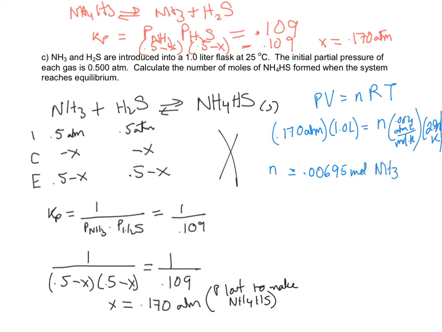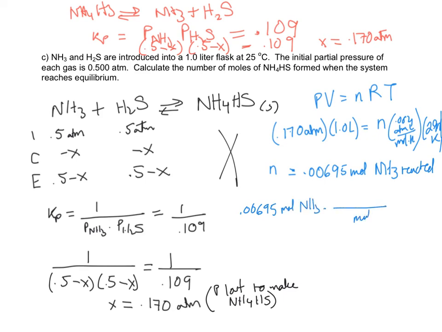And again, you could do this for either ammonia or for H2S, either one, it's X. But again, that X stands for how much was lost or used or reacted to form my NH4HS. So now I can use stoich. 0.00695 moles of ammonia.